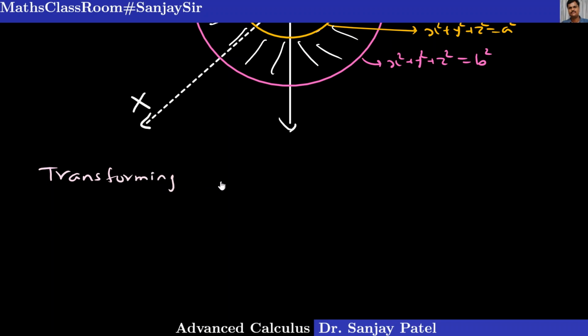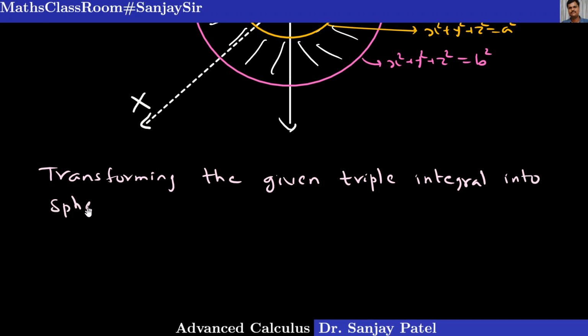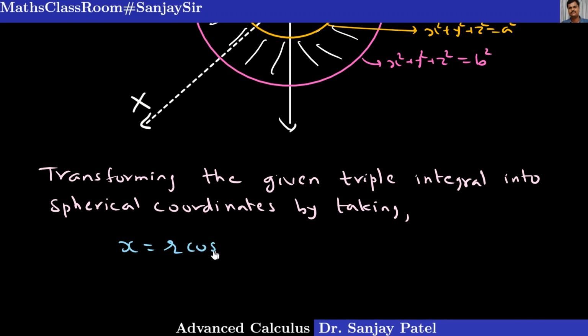Transforming the given triple integral into spherical coordinates, by taking the relation between the Cartesian and spherical coordinates as x is equal to r sine theta cos phi, y is equal to r sine theta sin phi, and z is equal to r cos theta.